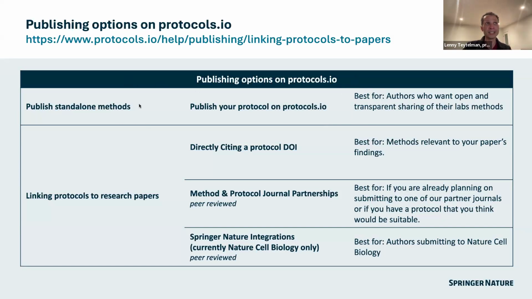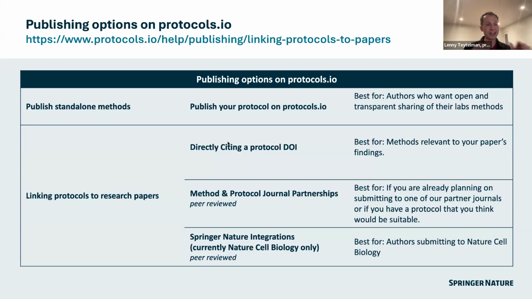So that's the easiest and quickest way to share. But a lot of scientists, when they're using Protocols.io, use it because the journal they're submitting their research findings to is one of over 1,000 journals that recommend using Protocols.io for your method sections for reporting.